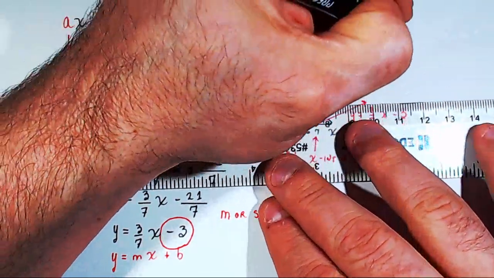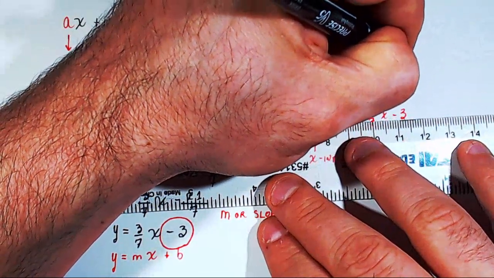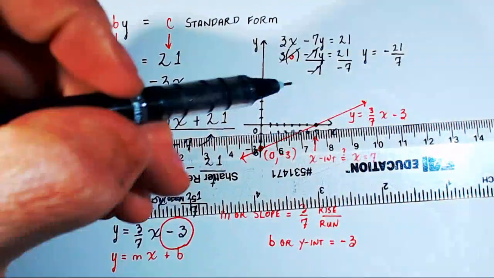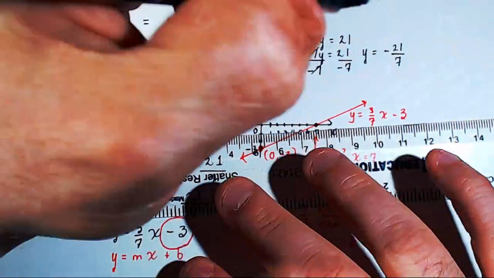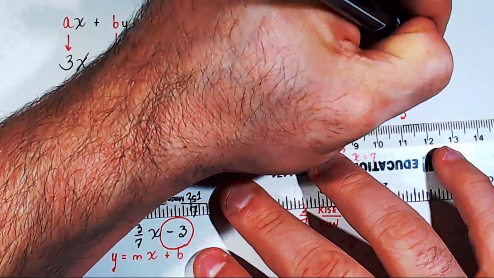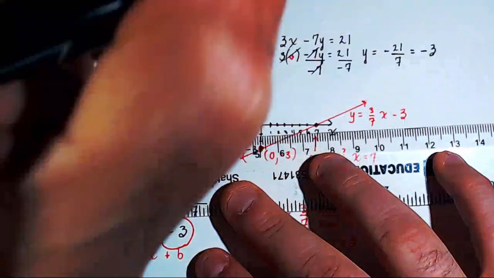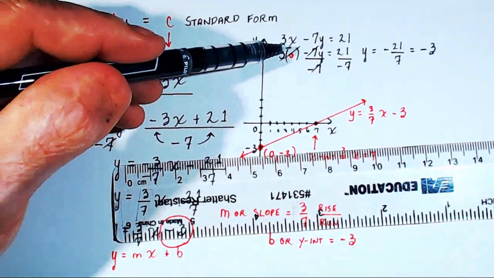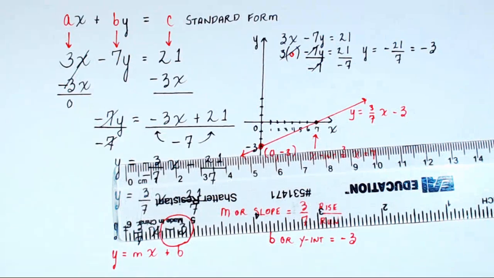We already did that reduction in the previous iteration of this problem. -21 divided by 7 is equal to -3. So what that proves is that when x is 0, y is -3.